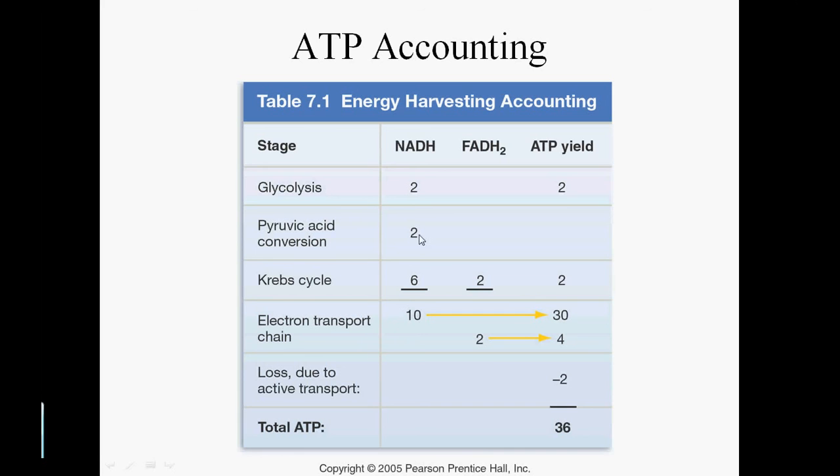Electron transport chain, well, the total of the 10 NADHs that we have, 2 plus 2 is 4, plus 6 equals 10, and the 2 FADH2s that we got from the Krebs cycle are able to produce 34 ATPs. So 34, 36, 38. Well, why do we have 36 down here?